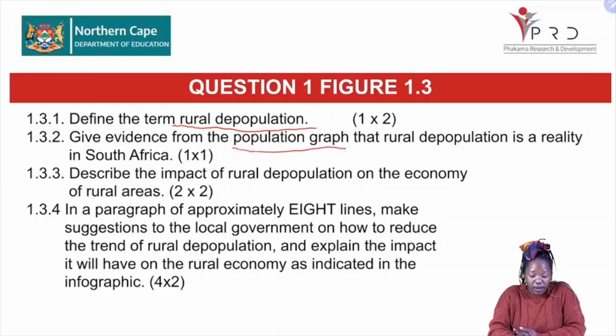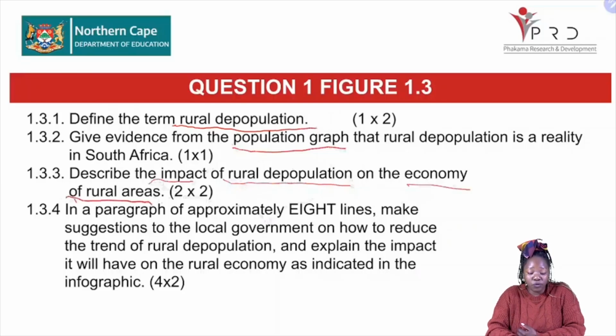Again, when we are looking at the diagram, you know where to get this answer. Then your 1.3.3, you describe the impact of rural depopulation. So we are looking at the impact of this rural depopulation on the economy of the rural areas.